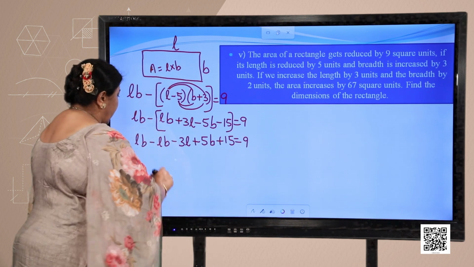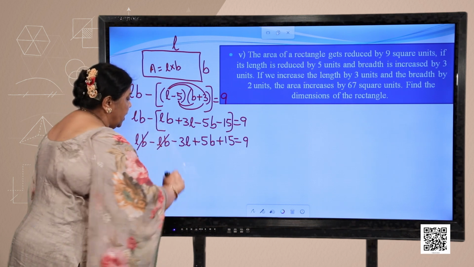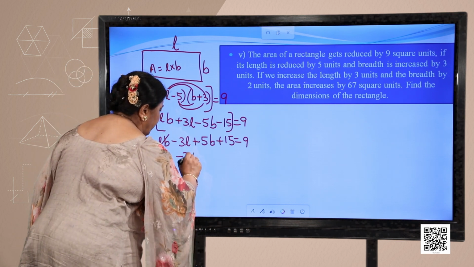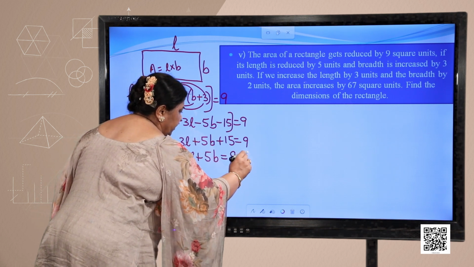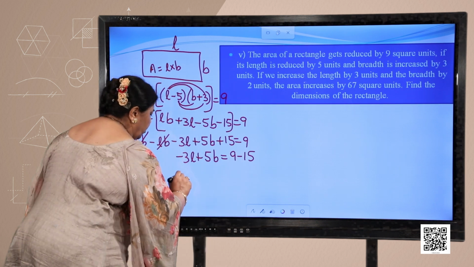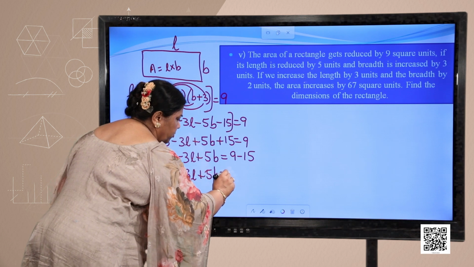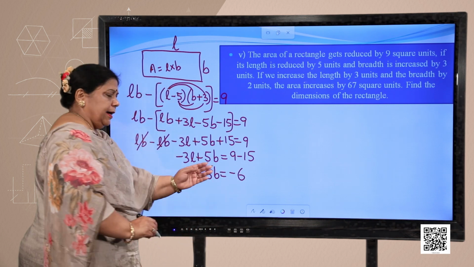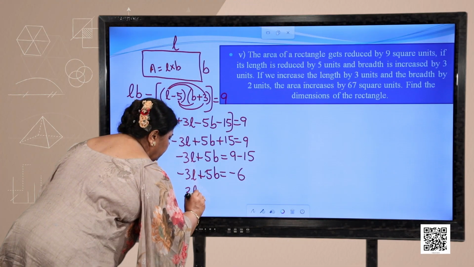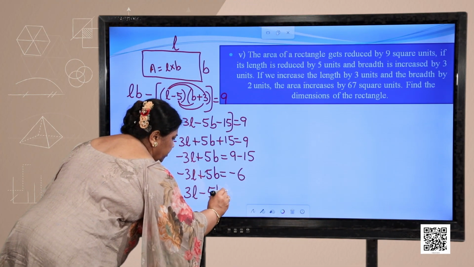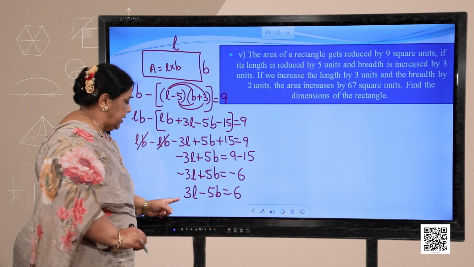Look here, LB and LB, L into B minus L into B gets cancelled. I have minus 3L plus 5B is equal to 9 minus 15. So, minus 3L plus 5B is equal to minus 6. Let us multiply by minus 1 to simplify. We have 3L minus 5B is equal to 6. I have multiplied by minus 1 throughout to change the signs.